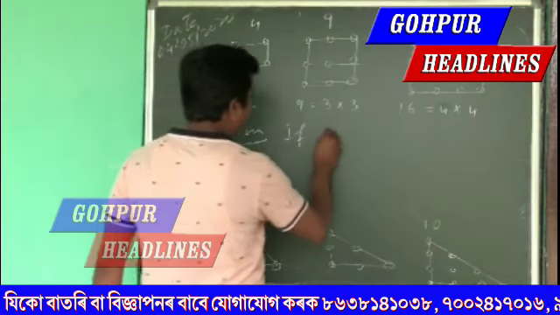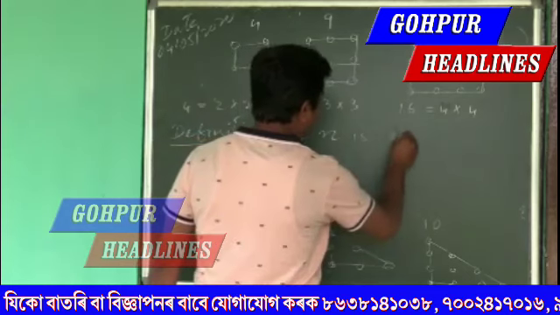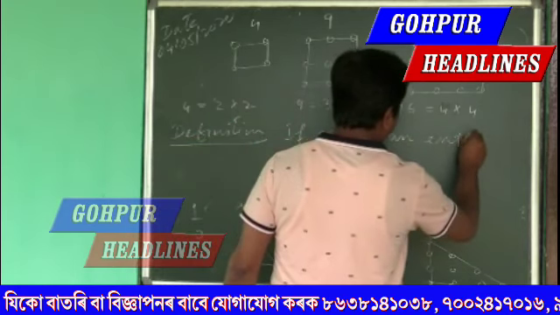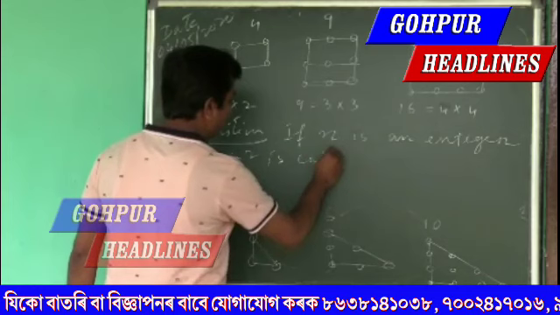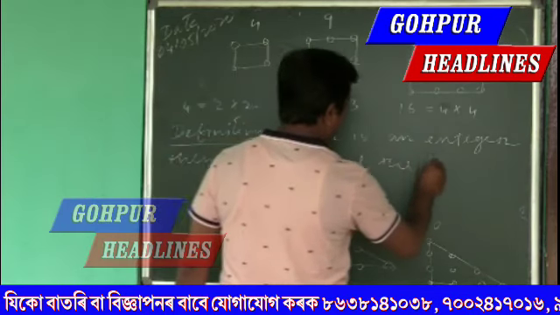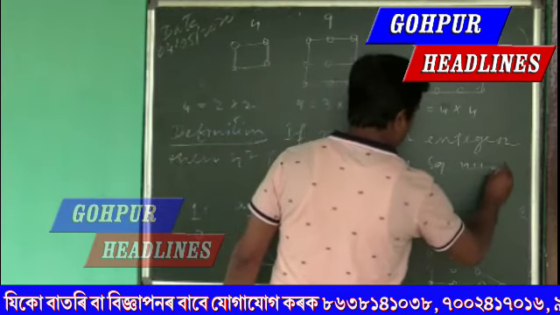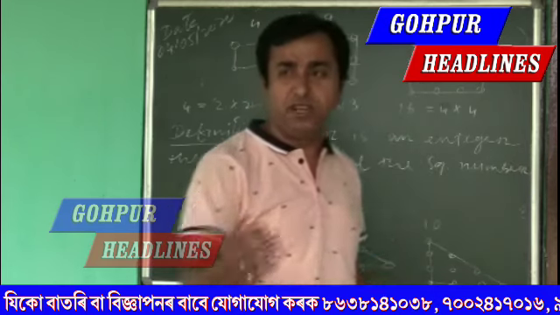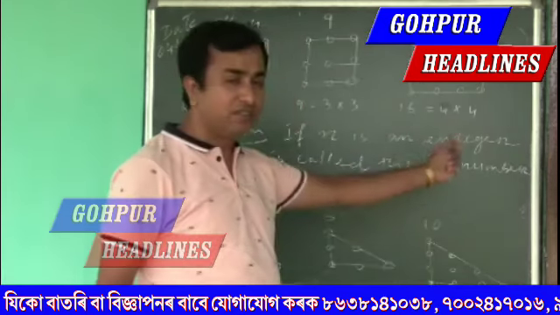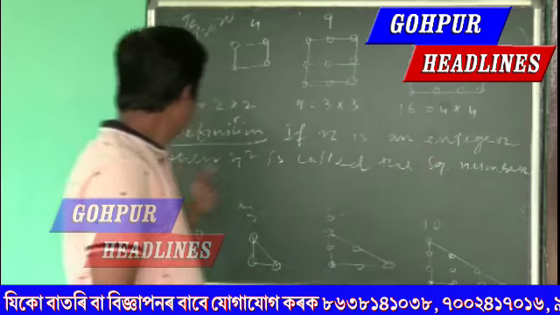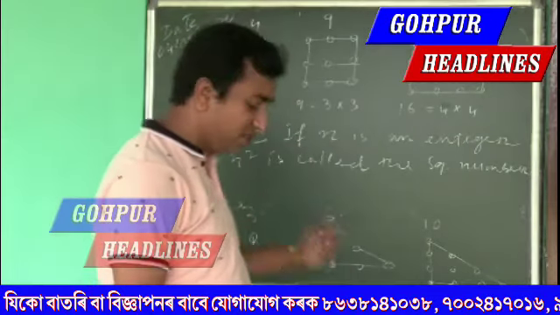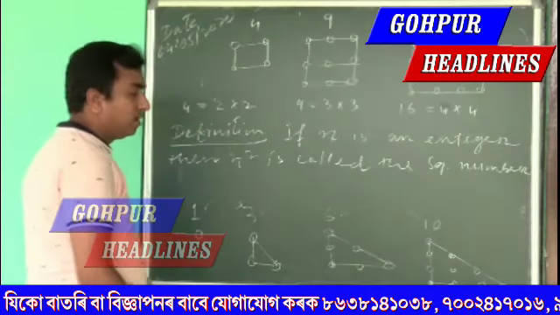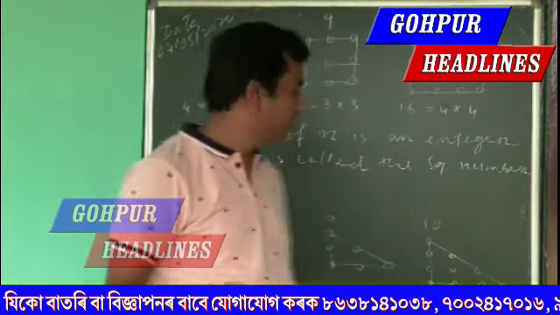If n is an integer, then n squared is called the square number. So in terms of definition, if anyone asks you, then you should write this. If n is an integer, then n square is called the square number. Are you clear about that? Okay, good.